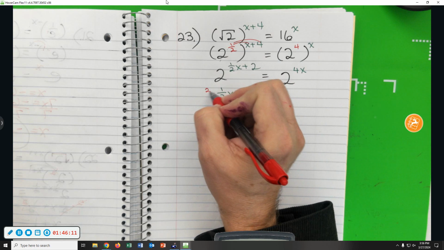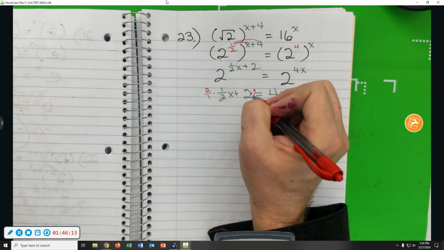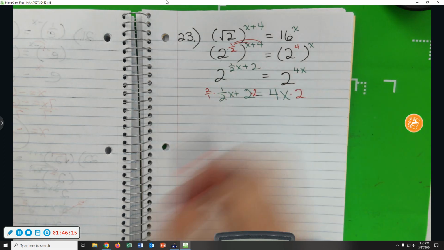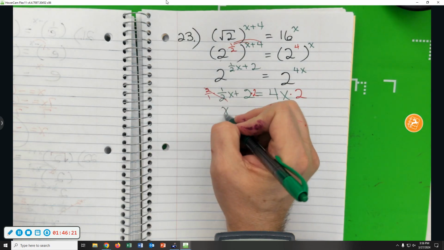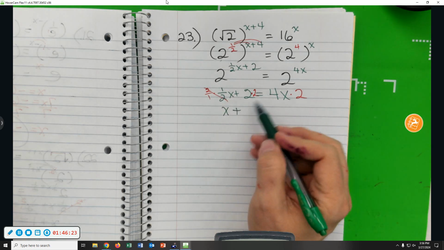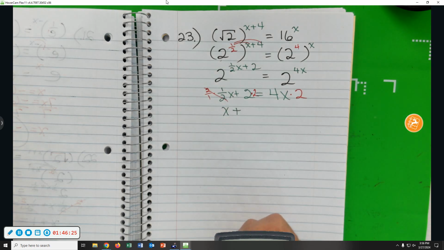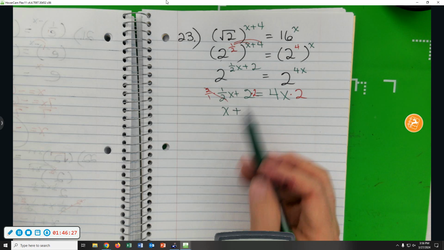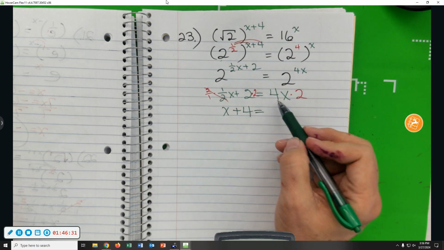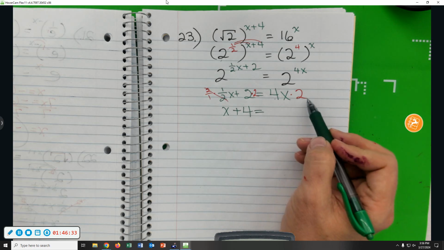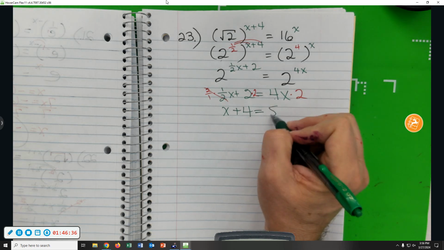Multiplying by 2, multiply each term by 2 to give us 1x plus here 2 times 2 is 4 equals 4 times 2 is 8x.